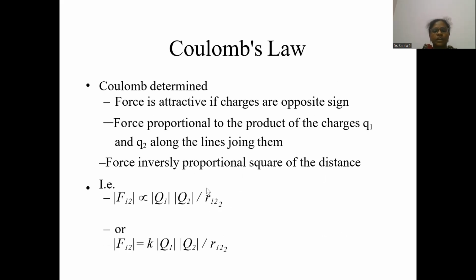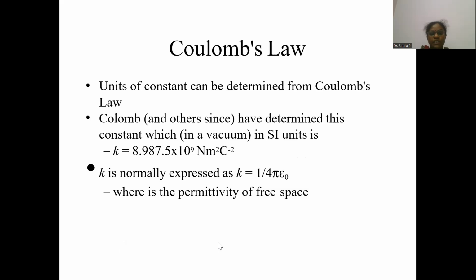If we remove the proportionality, then the force is equal to K Q1 Q2 by R12 square. So what is this proportionality constant? The unit of the constant can be determined from Coulomb's law.